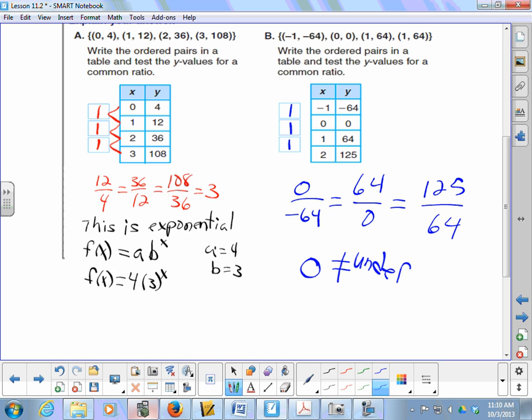Undefined. I can't even say it's not a real number. I have to say it's undefined because you can't divide by 0. All right? Because what's 0 times 0? 0. So if I said that this equaled 0, then that would mean that 0 times 0 would have to equal 64, but that obviously is not true. So since these are not equal, this is not exponential.